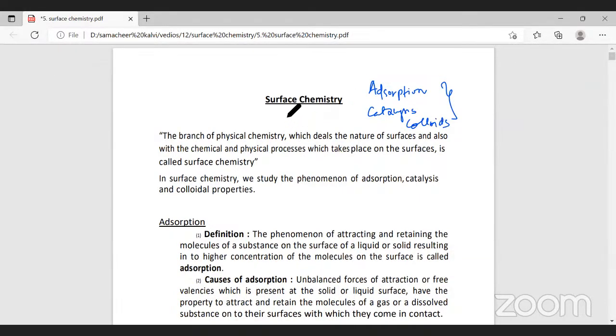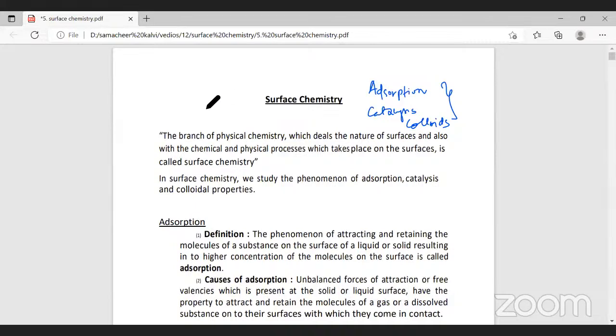Now, the name itself tells: chemical reaction taking place at the surface is called surface chemistry. Surface chemistry is a branch of physical chemistry which deals with the interaction between the surfaces of the reactant molecules.